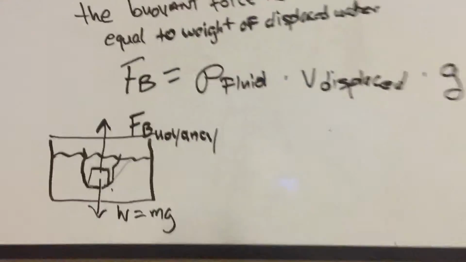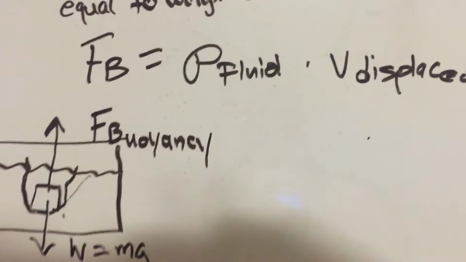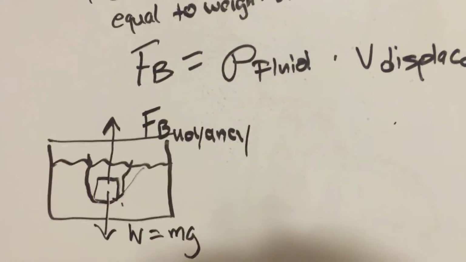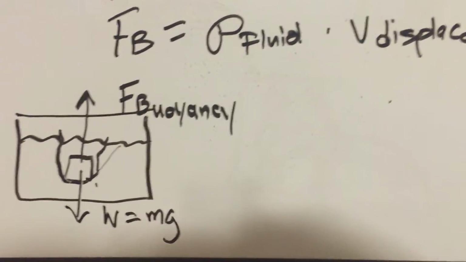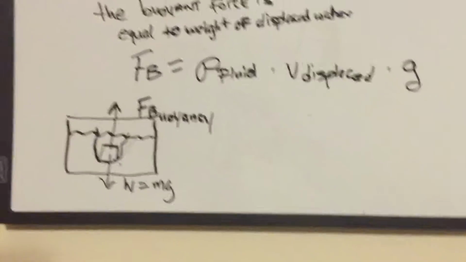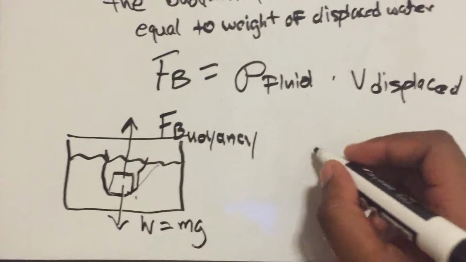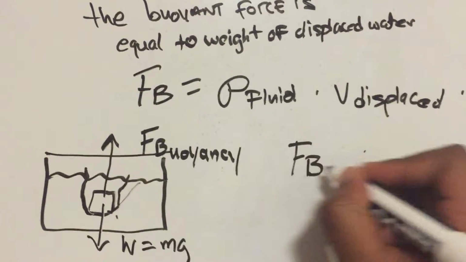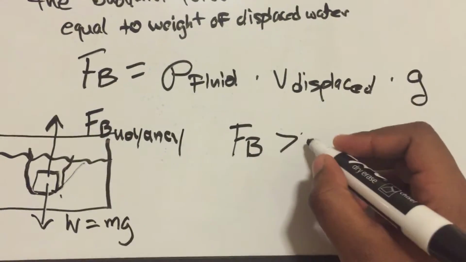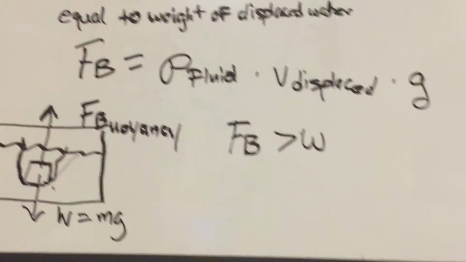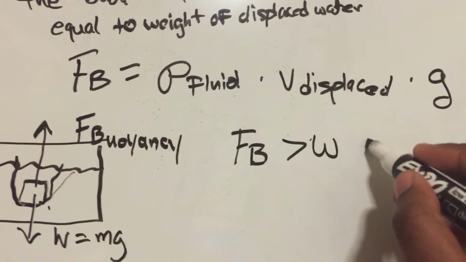So, how does this principle affect whether an object will sink or float? As we know, when the force of buoyancy is greater than the weight, the object will float.